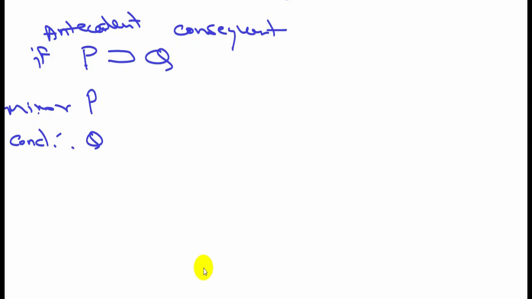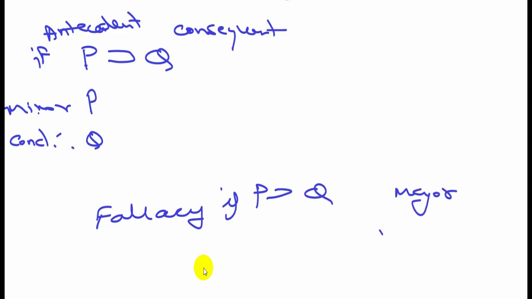So a fallacy will occur when, if P then Q, the minor premise affirms the consequent instead of the antecedent.